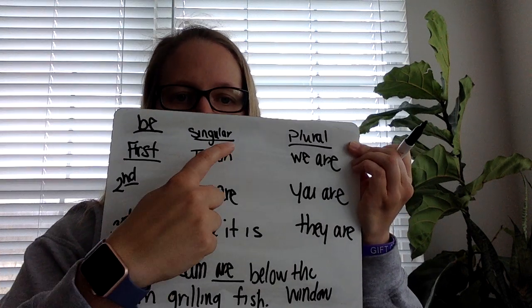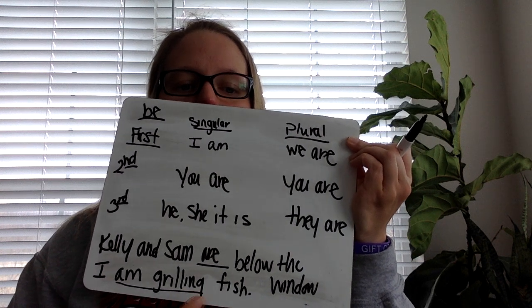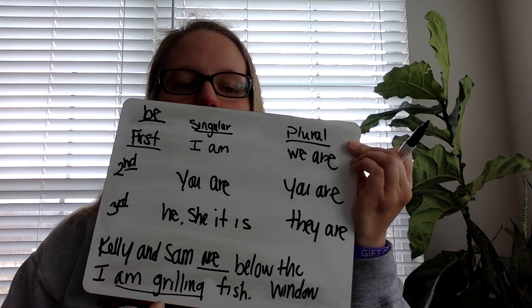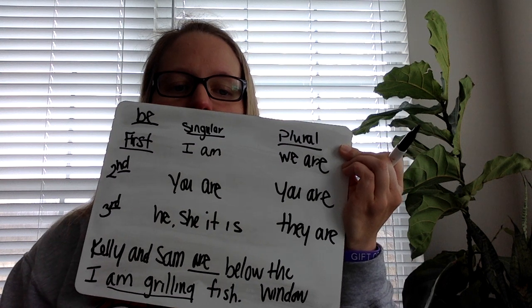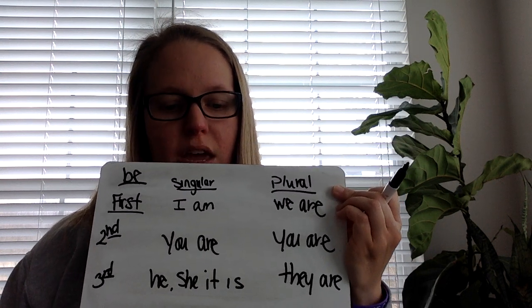I am. And then what am I doing? I am grilling. This is my verb here. I am grilling. And so I'm going to add ing to that.